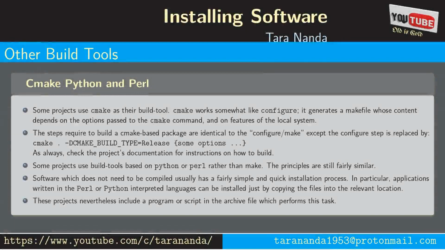The CMake tool. Some projects use CMake as their build tool. CMake works somewhat like configure. It generates a makefile whose content depends on the options passed to the CMake command and on the features of the local system. The steps required to build a CMake based package are identical to the configure/make, except the configure step is replaced by the line shown.